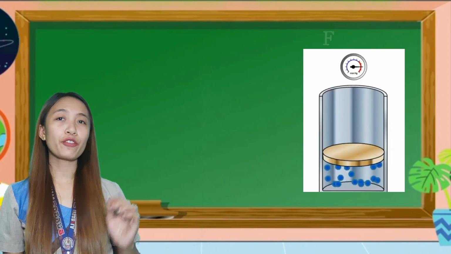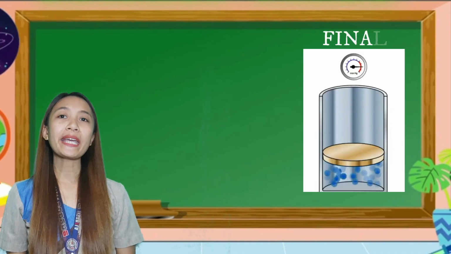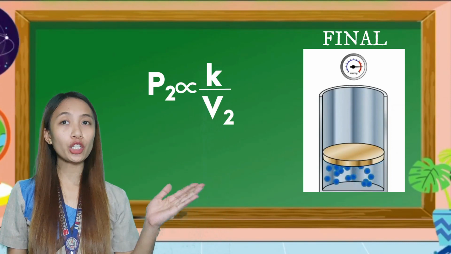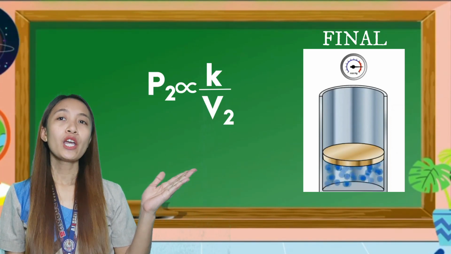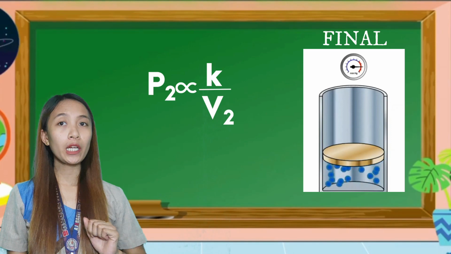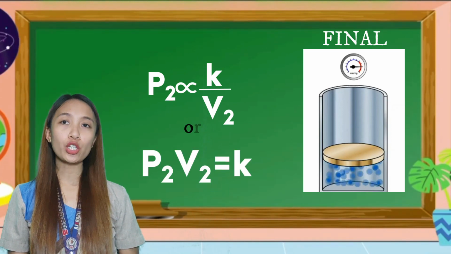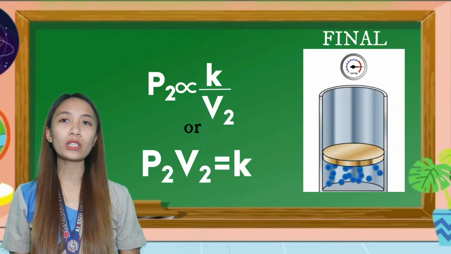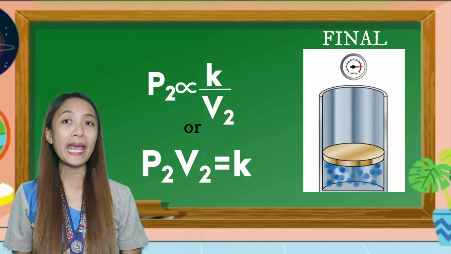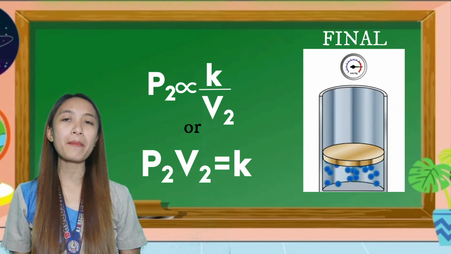For the final observation, on the other hand, we can also say that the final pressure is inversely proportional to the final volume, or the product of the final pressure and the final volume is equal to the constant k, which is again the temperature and the amount of gas.